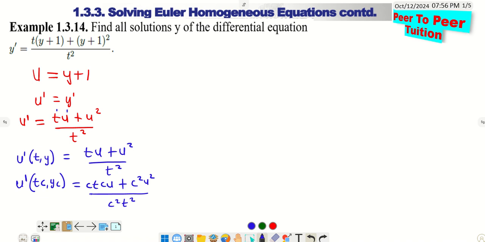So we still have u prime of tc, yc should be equal to, what we need to do is to factorize. We can see that there is c here, there is c here, there is u here, and there is u here.